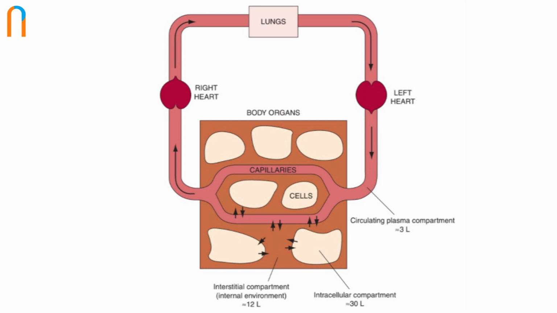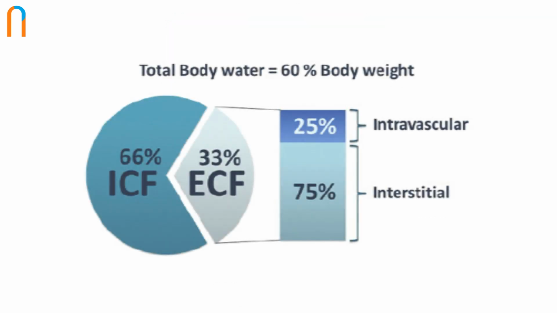Three compartments of watery fluids, known collectively as the total body water, account for about 60% of body weight. This water is distributed among the intracellular, interstitial, and plasma compartments.